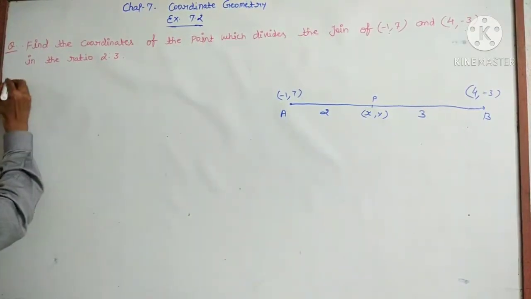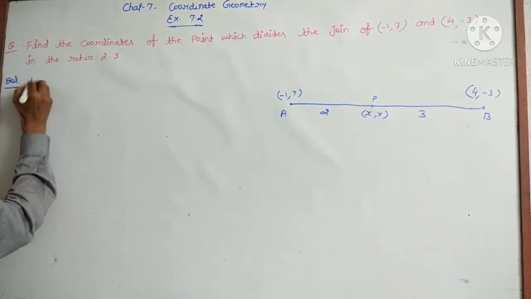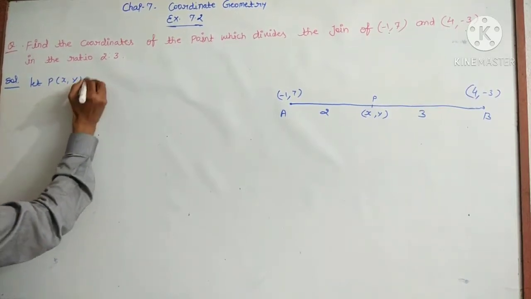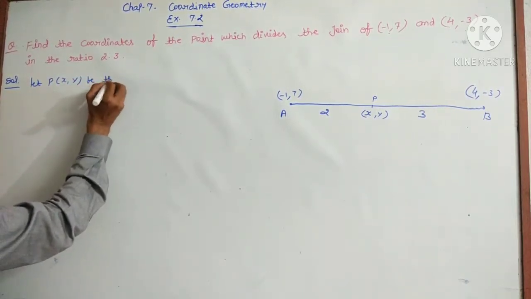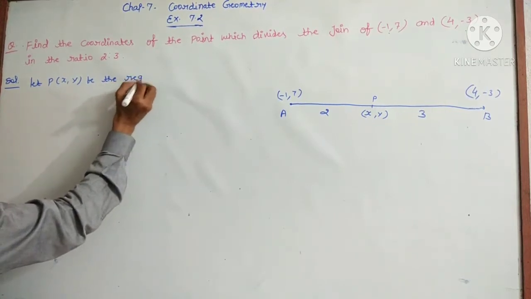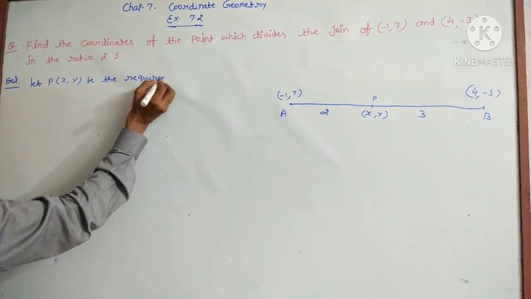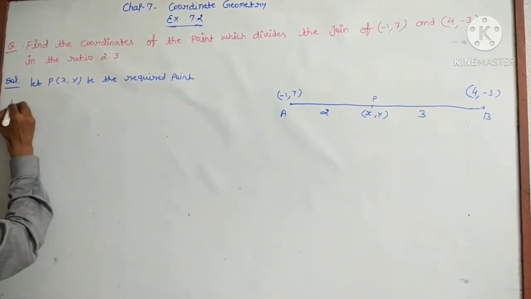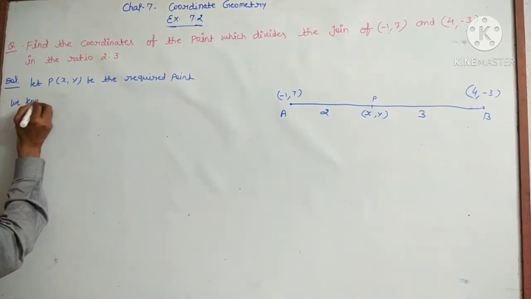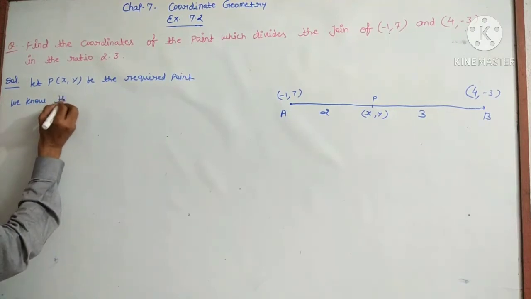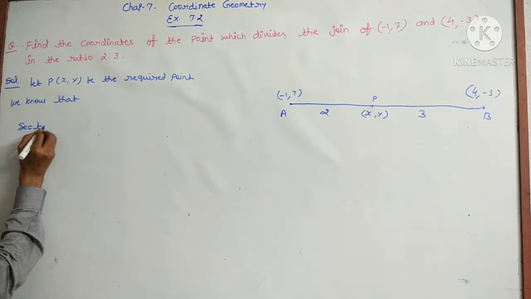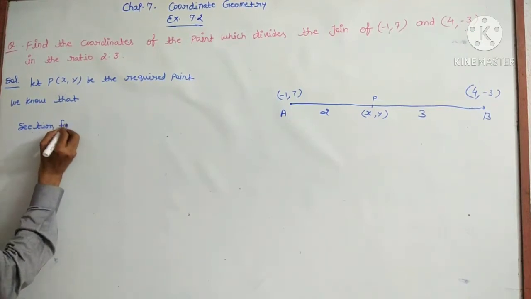How to solve? Look at this one. Solution. Let P (x, y) be the required point. We know that by using the section formula. So section formula, you know well. What is the section formula?